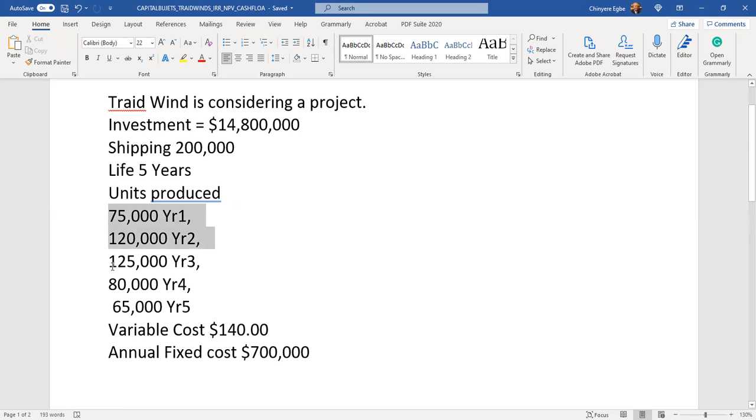Now, the company will use this equipment to produce 75,000 units per year the first year, 120,000 units the second year, 125,000 the third year, and 80,000 and 65,000. So this is a 5-year project.